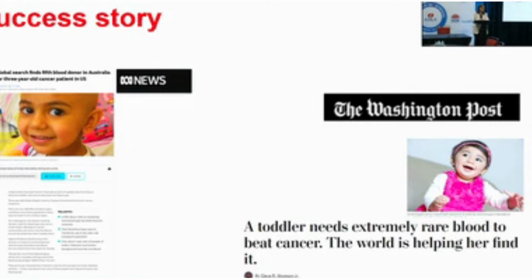Now, one of these international searches that you may be aware of: in 2019 there was a little girl in the US called Zainab. She had a very rare blood group, Indian B blood group, and she had a cancer and needed a stem cell transplant, and they did an international call out for this little girl.